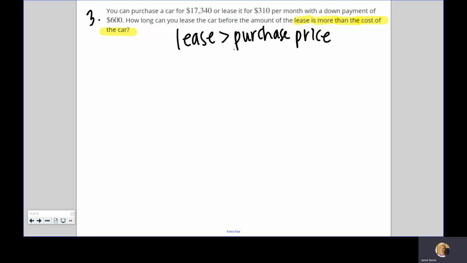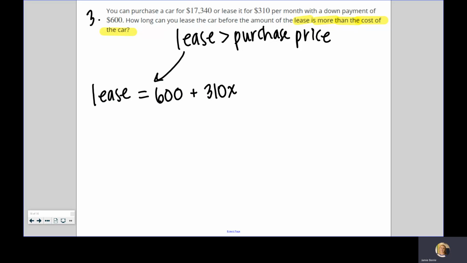So let's see. We already know the purchase price is $17,340, so that's going to be the right-hand side. But we don't have a formula for the lease yet, so we got to make that. So the lease is going to be, we got to pay $600 up front. That's our down payment. That's a one-time fee. And then we're going to pay $310 per month.